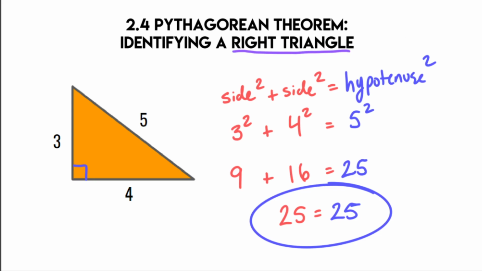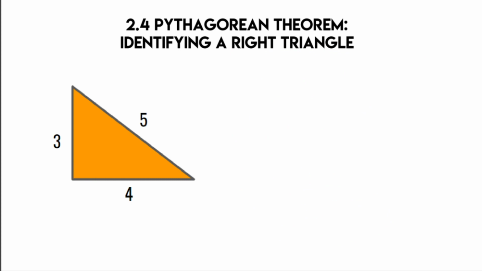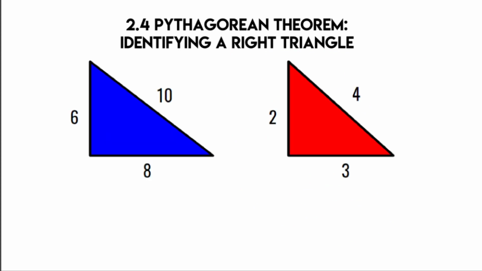Because it only works for right triangles, we can use the Pythagorean theorem as almost like a sensor. So here I have 2 different triangles, 6, 8, and 10, and 2, 3, and 4. But only one of them is a right triangle. We don't know which one it is.